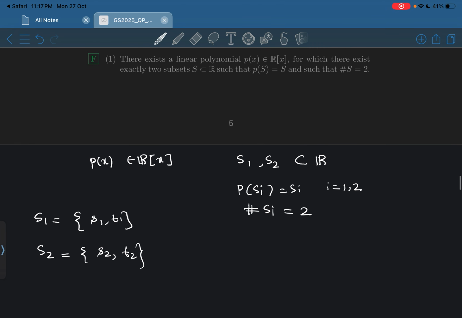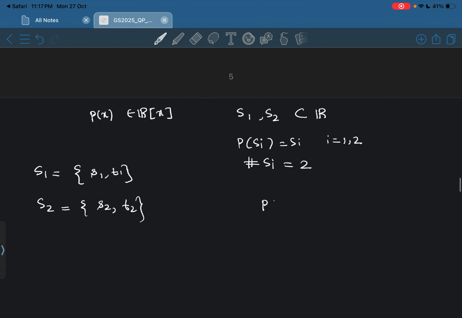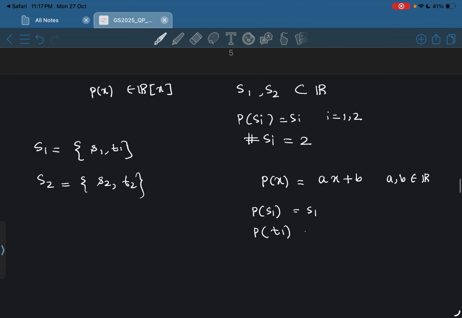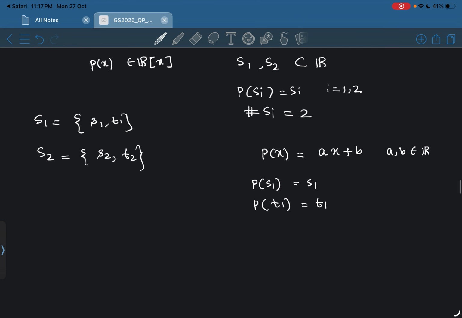Now P is a linear polynomial, right? So if it is a linear polynomial, then P(x) can be written as ax plus b, where a and b are real numbers. Now it is given that P of S1 equals S1. So let's say P of s1 equals s1, and P of t1 equals t1.